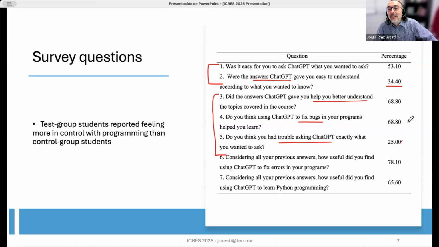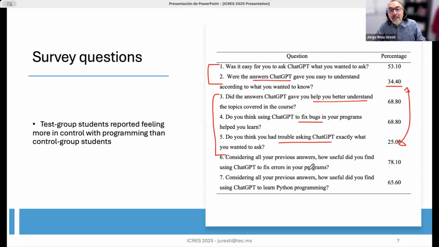Here again, you can see the same trend: the use of the tool maybe is not as easy as we think, and students are not that comfortable using these new artificial intelligence tools, because they report that they are not really that happy with the use of them. We need to do a little more research on why they are not that comfortable, maybe because they don't know how to ask it, or because they don't know the programming terms to ask the question.